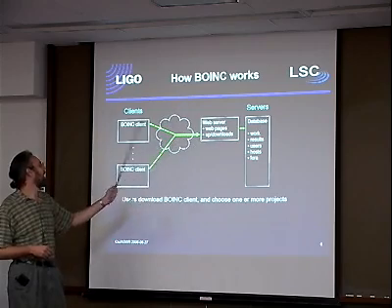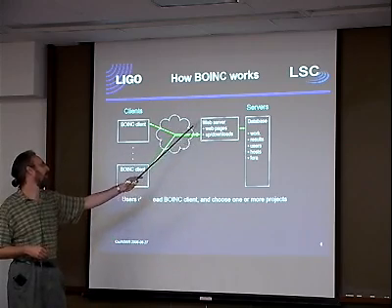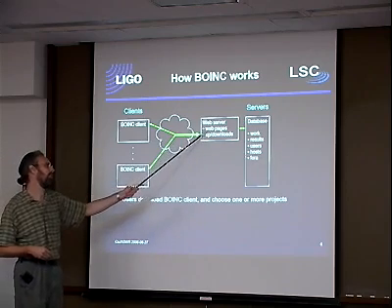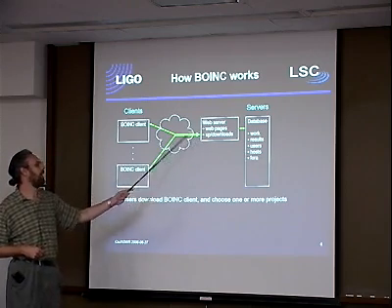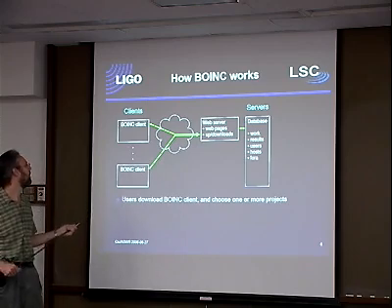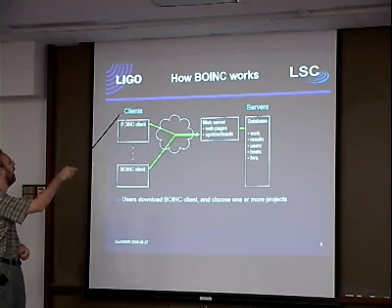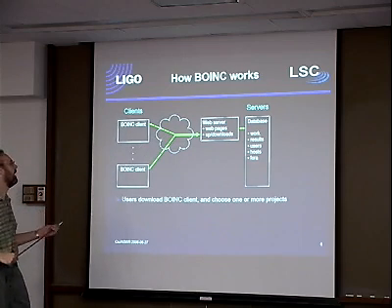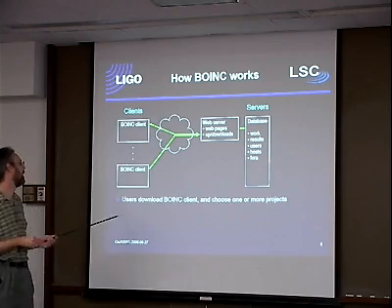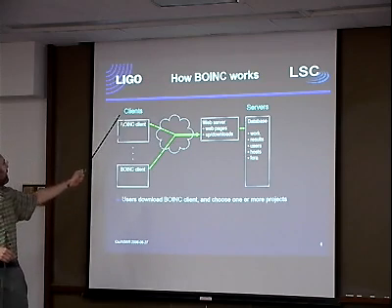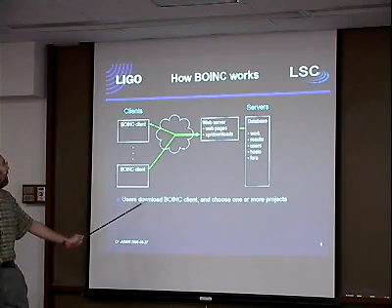This database communicates to the outside world through a web server, which hosts the web pages for the project and also handles uploads and downloads. Then, through the internet, we connect to the various clients, the various users who are contributing to the project. All communications are initiated by the clients.